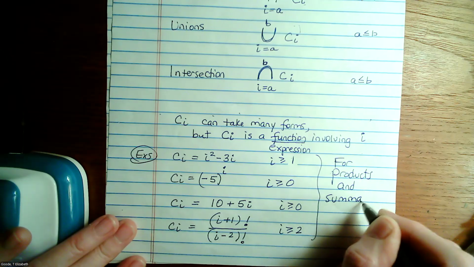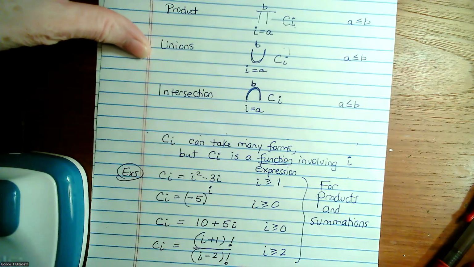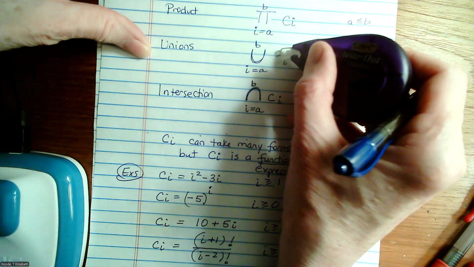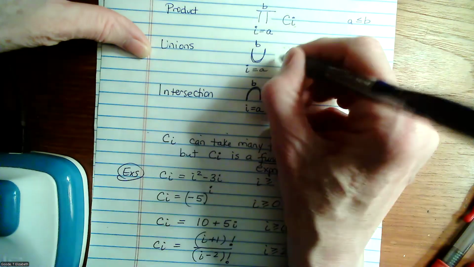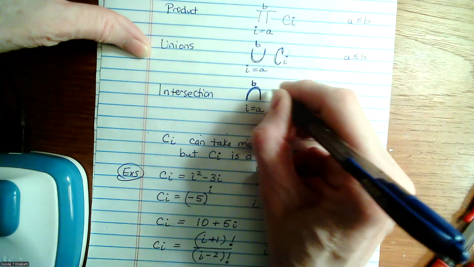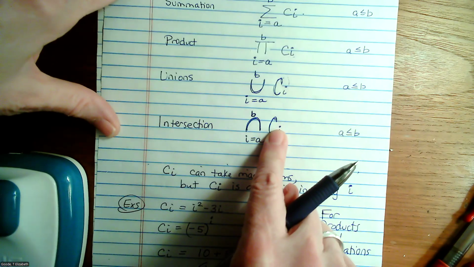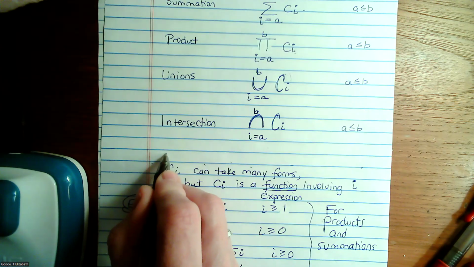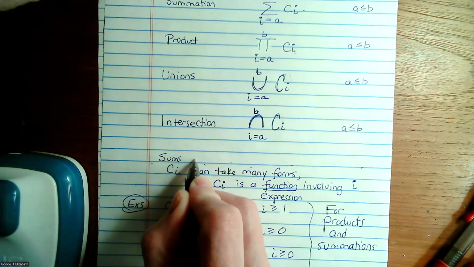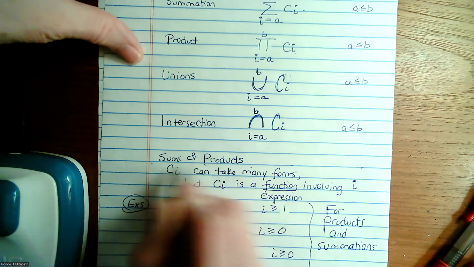When we are playing indexed games like this, I should actually make these capitals. You know why? I should make these capitals because these are always sets. These are just expressions like these. These are sets. So for sums and products, avoid the ampersand.